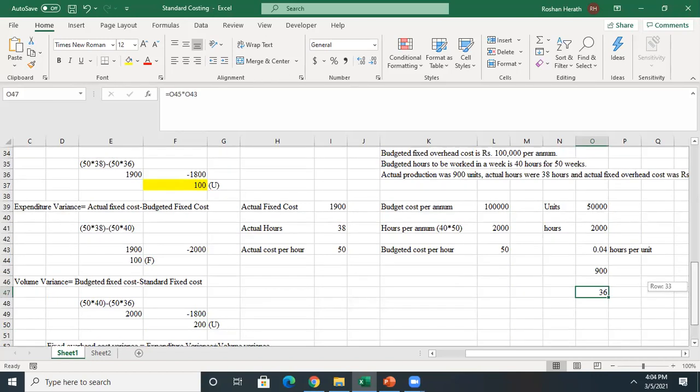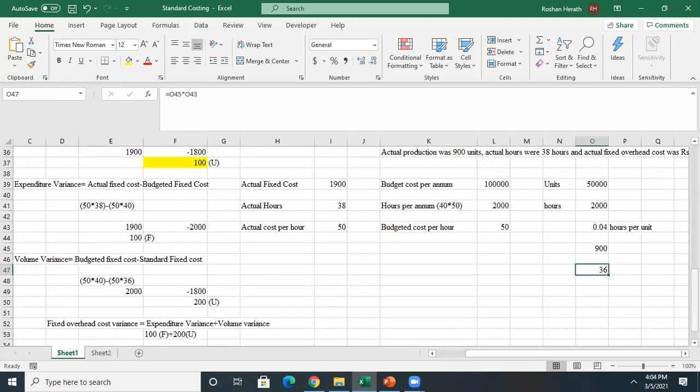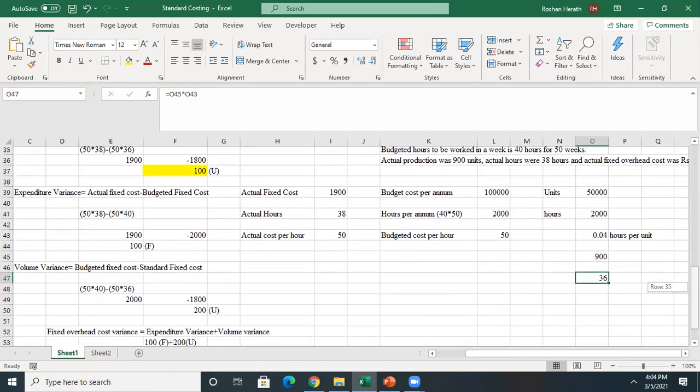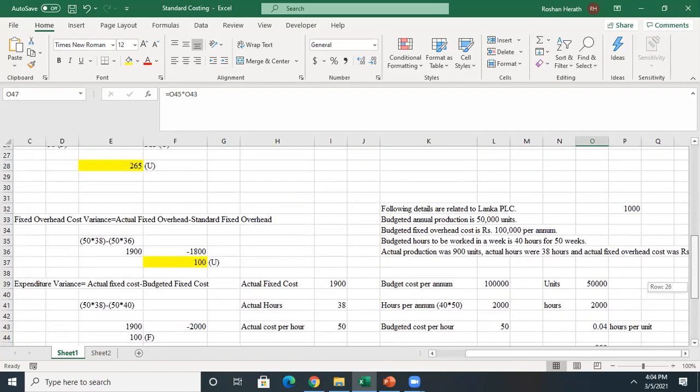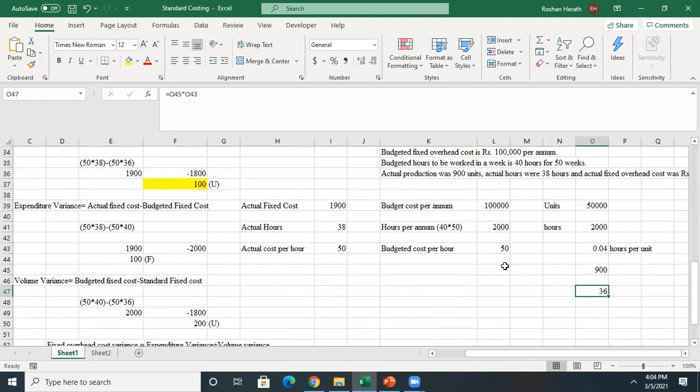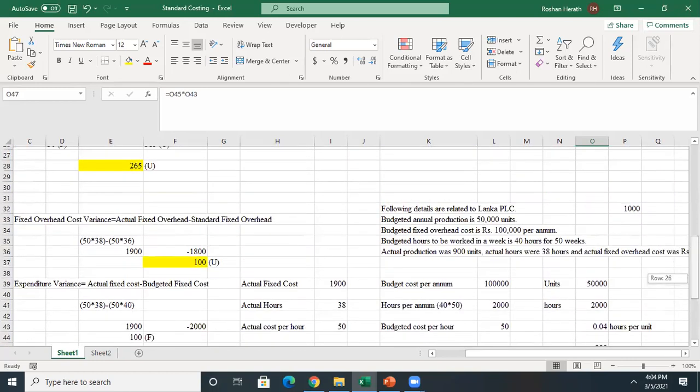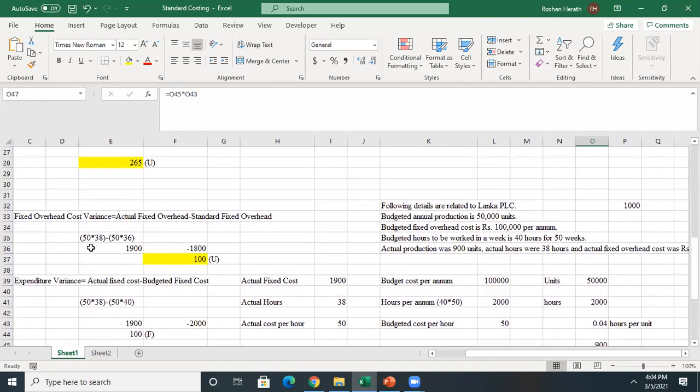Then the absorption rate is 50. We worked that out: 50 into 36 is 1,800. That's how we even took it earlier.